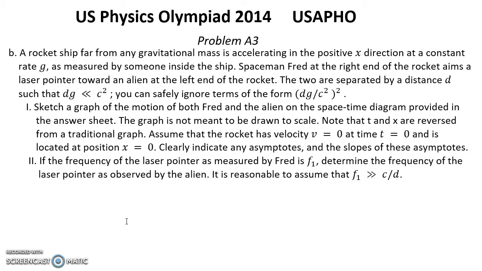Clearly indicate any asymptotes and slopes of the asymptotes. Second question. If the frequency of the laser pointer as measured by Fred is f1, determine the frequency of the laser pointer as observed by the alien. It is reasonable to assume that f1 is much greater than c over d.